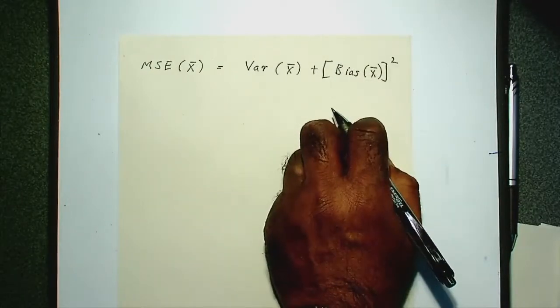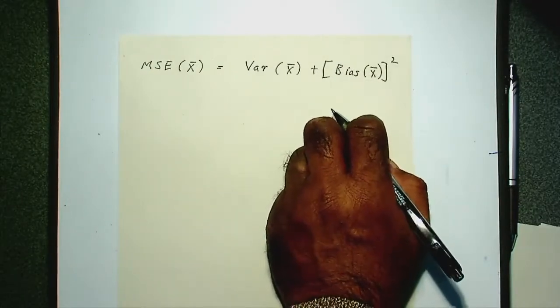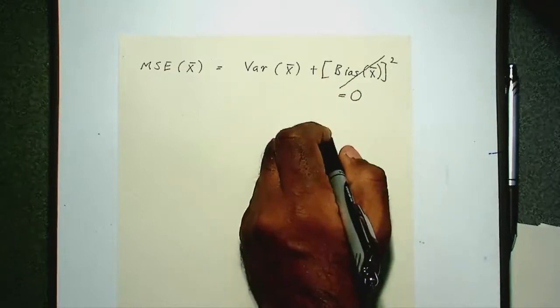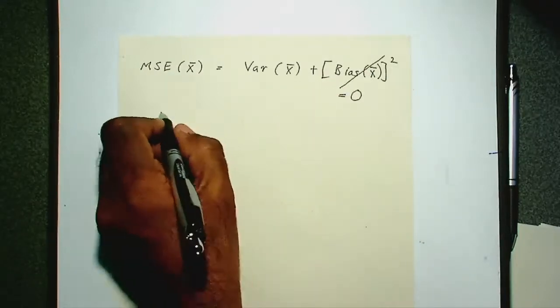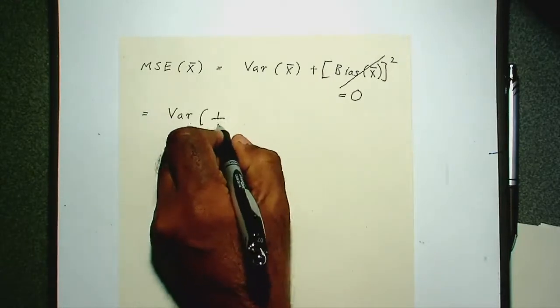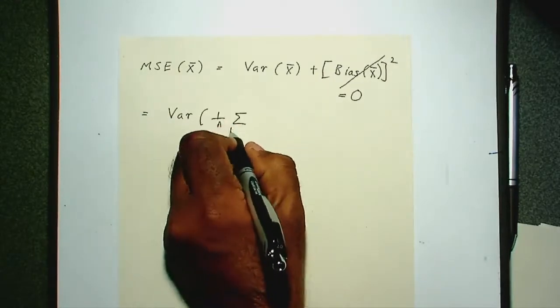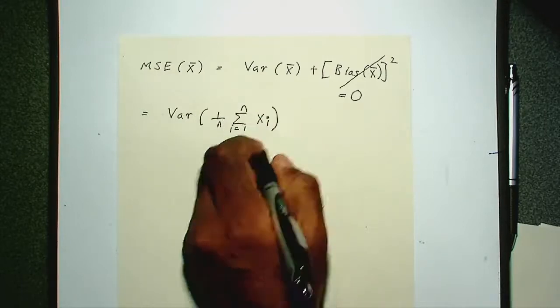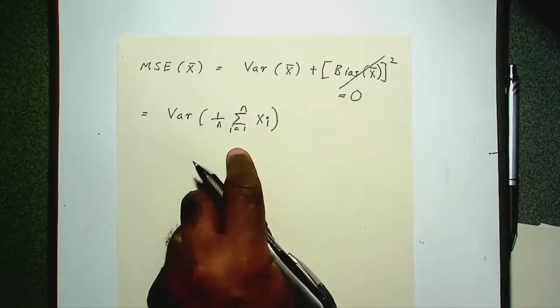Now we know that the bias is 0. We just proved that the bias is 0. So this guy here is equal to 0. So this becomes the variance of x bar, which is this.